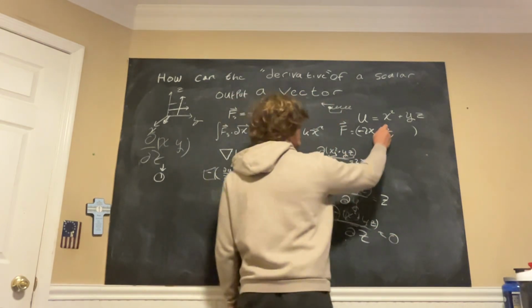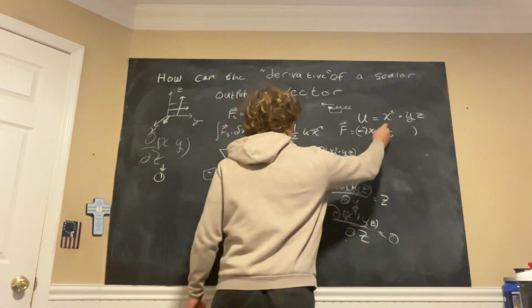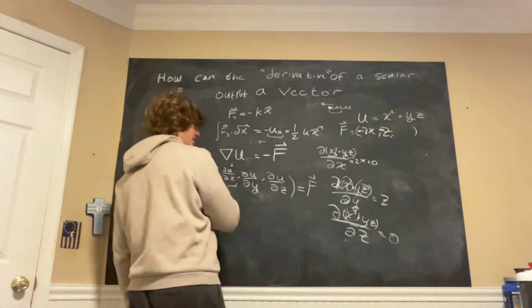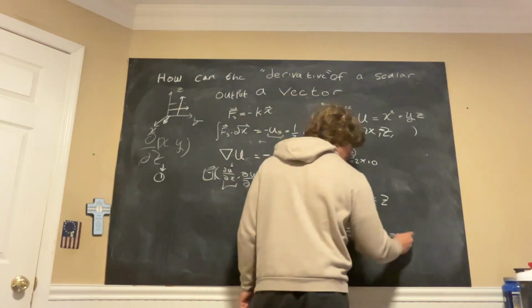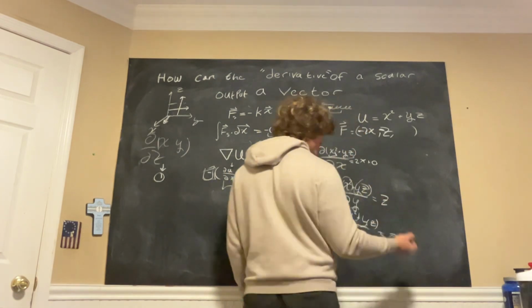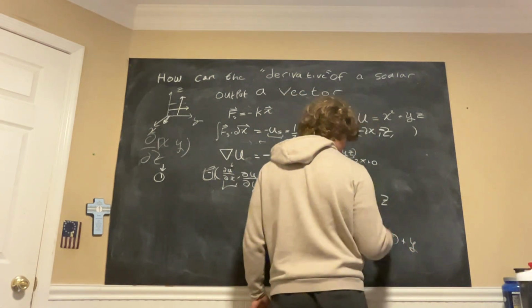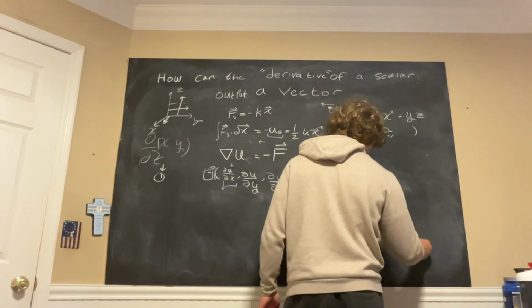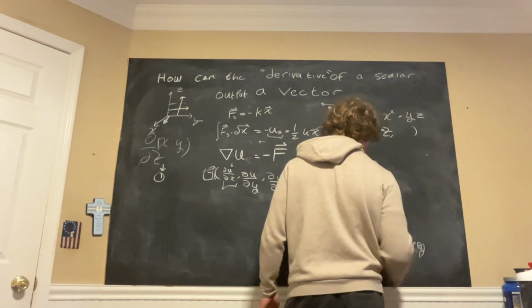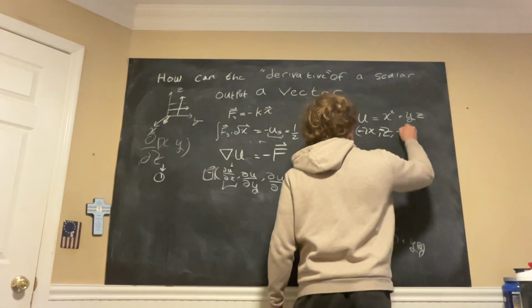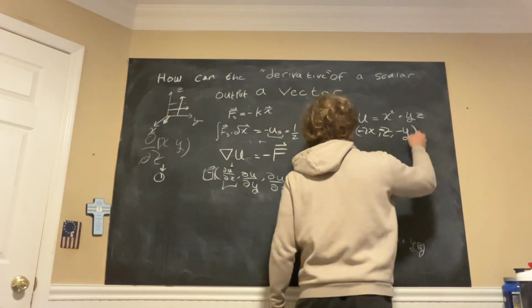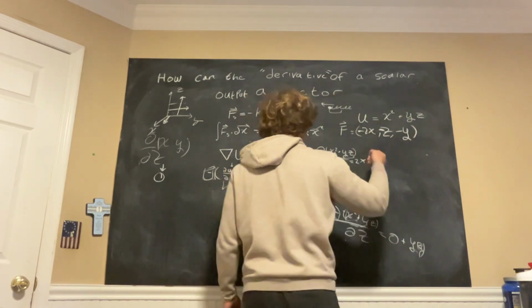Also, sorry, I forgot to mention this is negative, because we have to define it as negative as stated over here. So this is 0 plus y times the derivative of z with respect to z, which is just 1. So this is y times 1, which is just y. And when we multiply that by negative, we get negative y.